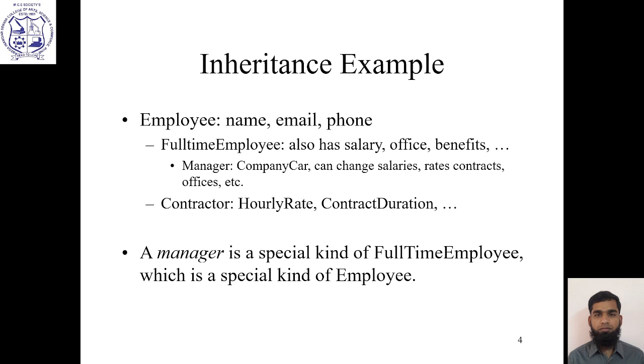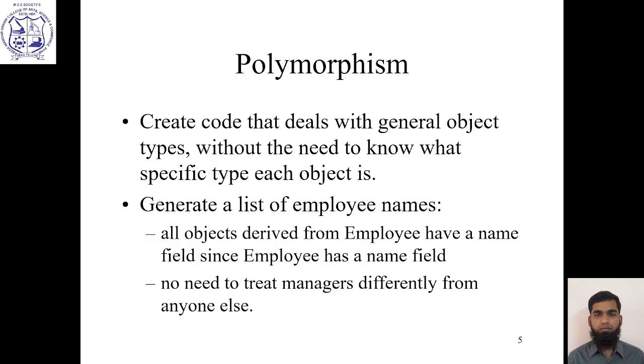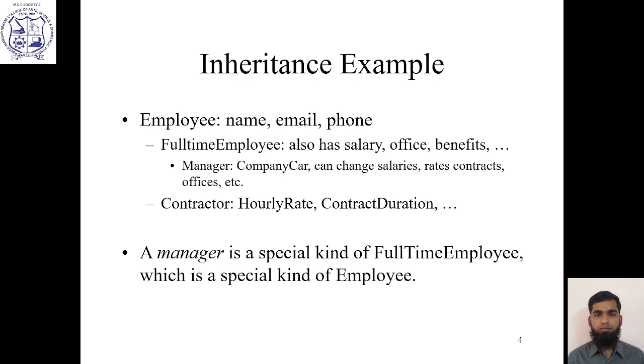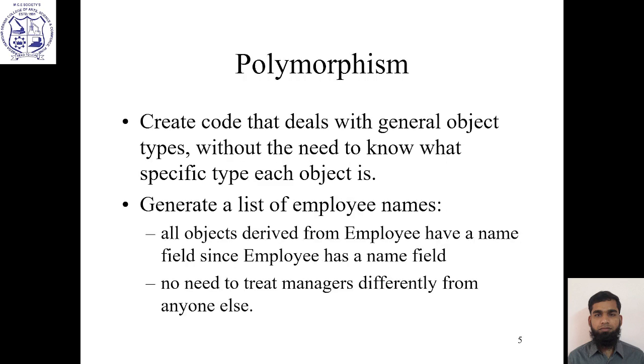Another is a contractor, with an hourly rate, contract duration, and this kind of thing. A manager is a special kind of full-time employee, which is a special kind of employee. In that, we are extending the attributes in the manager class.